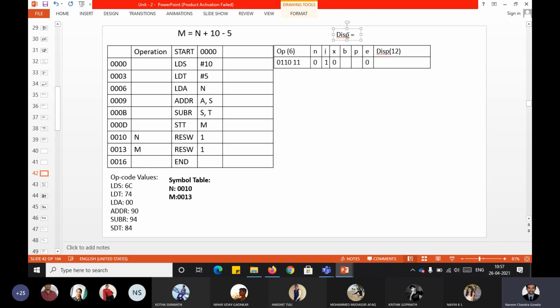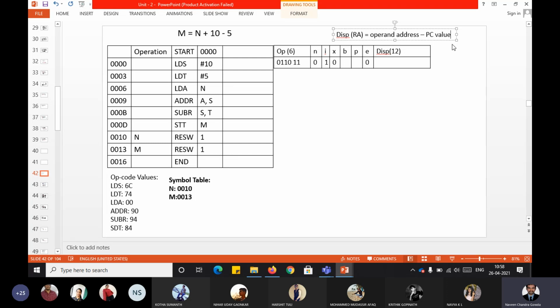RA is operand address minus PC value. I repeat, operand address minus PC value. This is the simple formula we will be using to find the displacement of 12 bits.